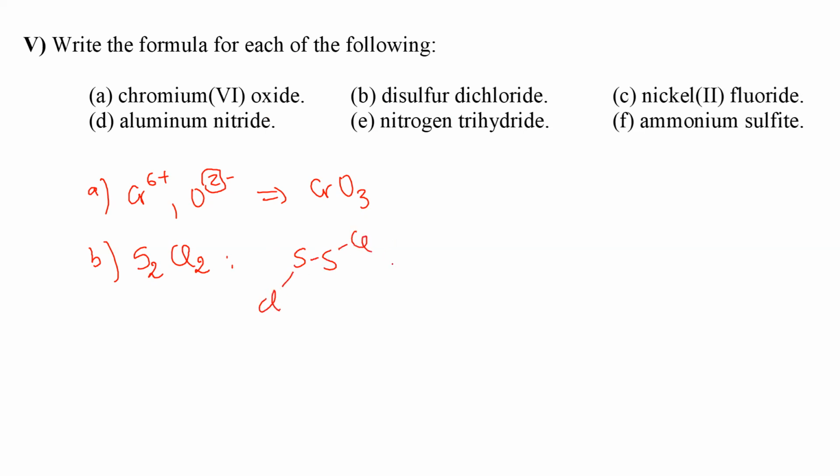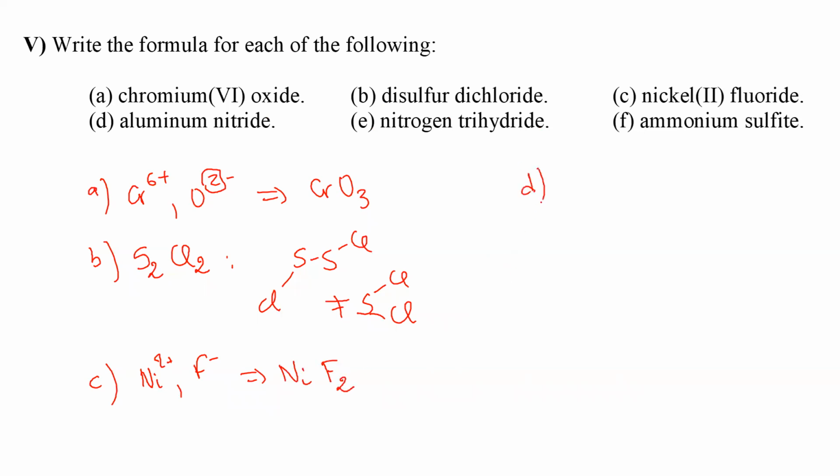It's not to be confused with sulfur dichloride. These two are different. For C, we have nickel(II) fluoride, so nickel 2 plus and fluoride F minus, so the formula will be NiF2.